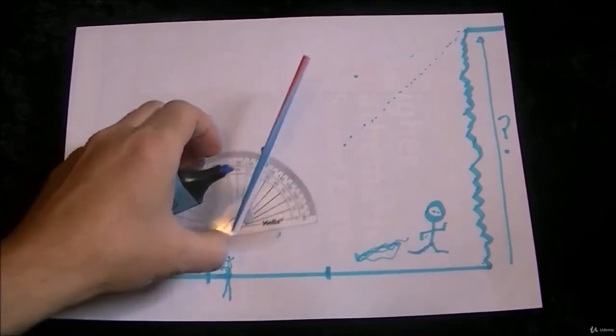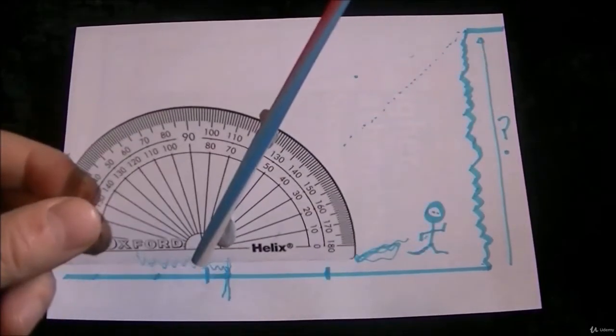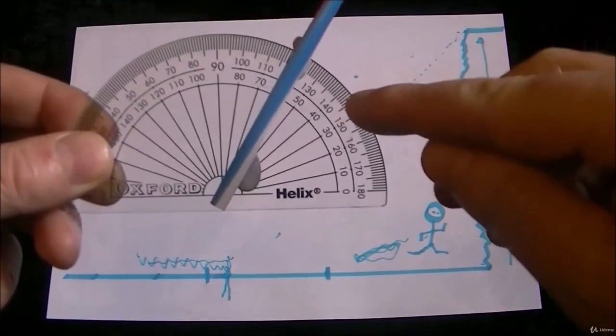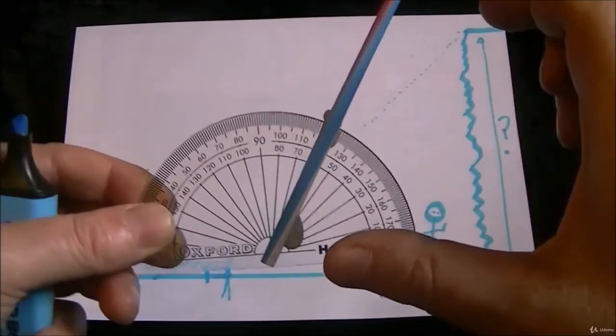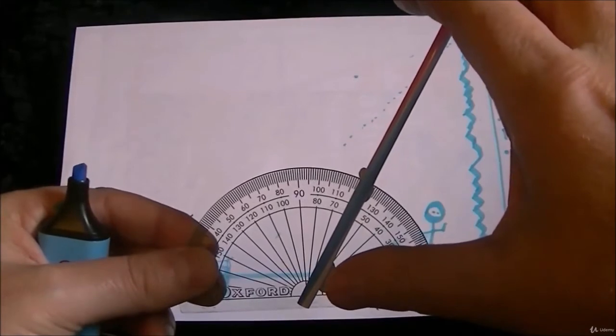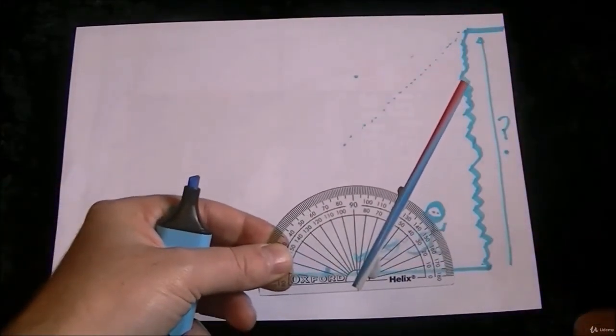So then you think to yourself, well, what I could do is I could adjust it, I could change this here. Instead of making it 45 degrees, I could adjust it round to 60 degrees. So if I adjust this round to a much sharper angle, a bigger angle, that means I can get closer to the mountain and measure the height.